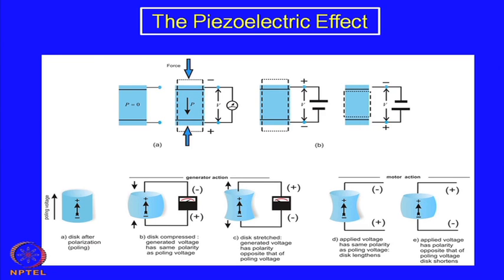So, in any mechanical deformation you will have a Poisson's effect. So, when you compress it, the diameter will increase. That is what has happened here.